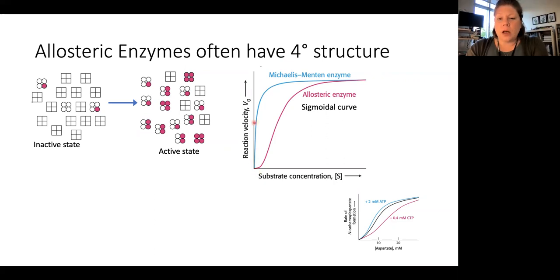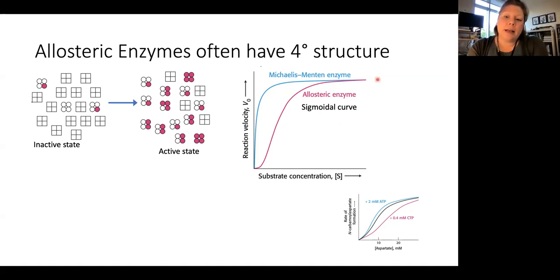Reaction velocity goes up very fast as we increase the substrate concentration until we've sort of used up most of the enzyme active sites. And you can see a similar thing here, right? The allosteric enzyme in pink, at some point we have used up all of the enzyme active sites, and the reaction velocity doesn't increase very much more, even as we add more substrate.